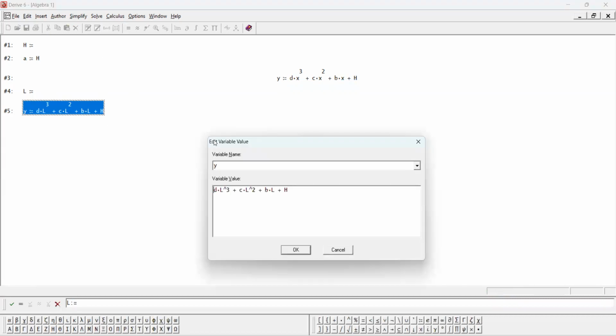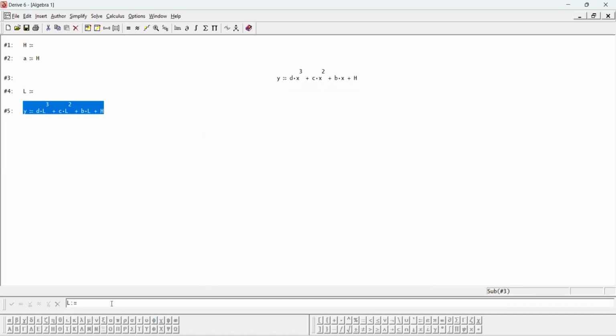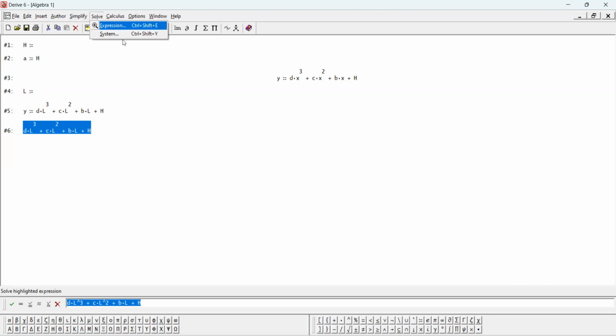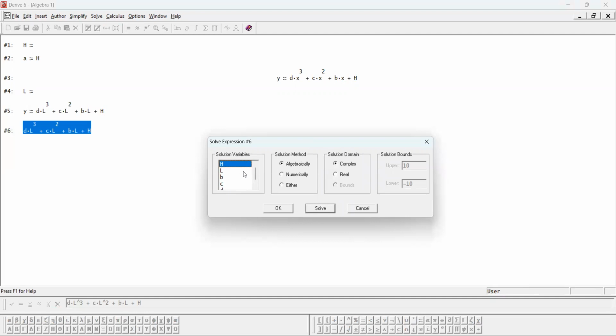This term should be equal to 0, copy it here. We want to find d in terms of the others.